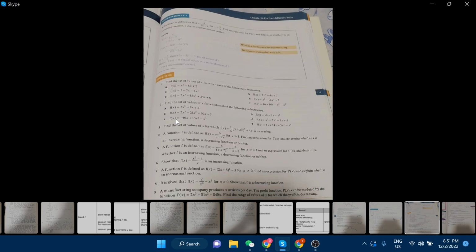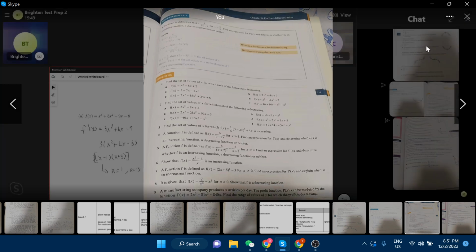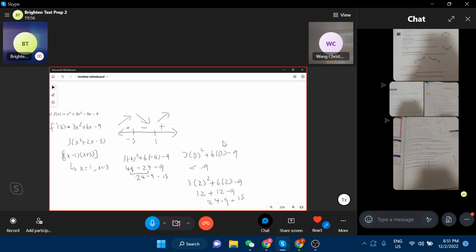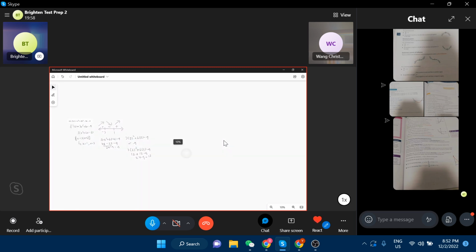So, okay, -40x plus 13x squared. You can still see my screen, right? Okay, I'm just going to write the question down. I need some space. Can you read out the question? Sorry, negative 40x plus 13x to the power 2 minus x to the power 3.